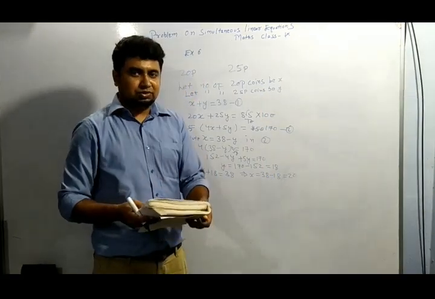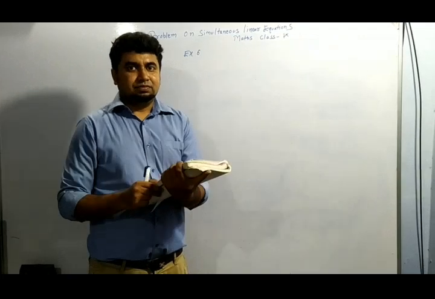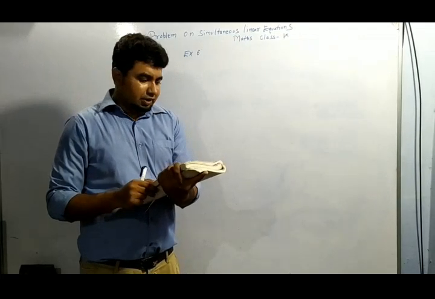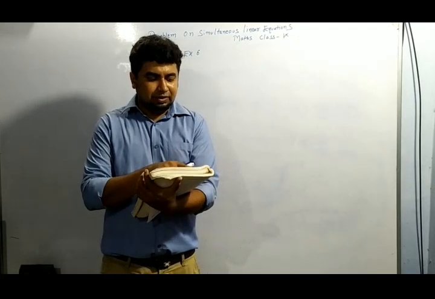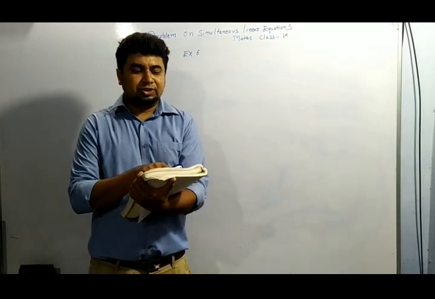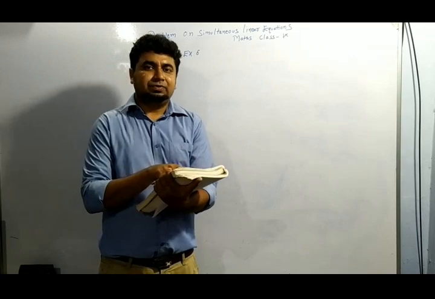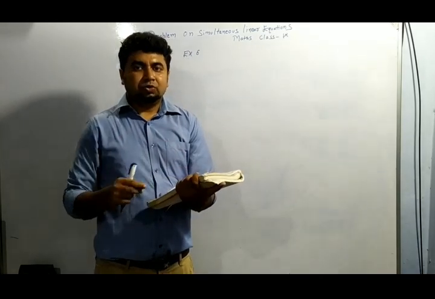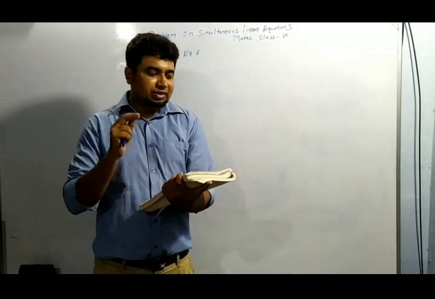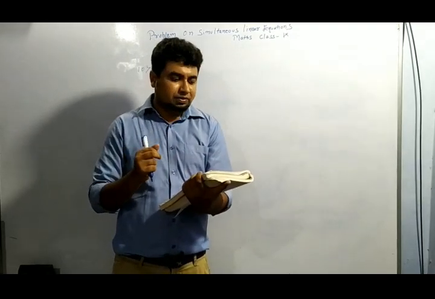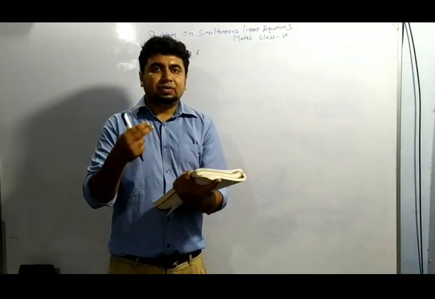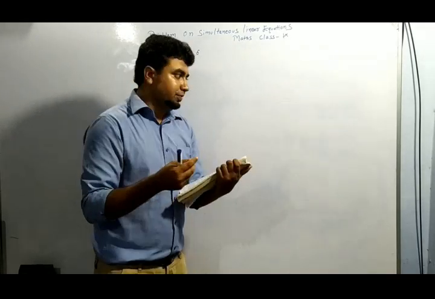Now we'll be moving to question number 10. Okay. In question number 10, it is given, if 1 is added to the numerator of a fraction, it becomes 1 by 5. I do not know the fraction. If 1 is added to the numerator of a fraction, the fraction becomes 1 by 5.